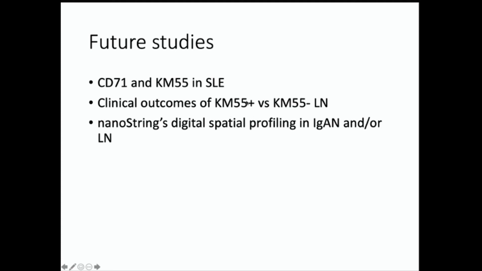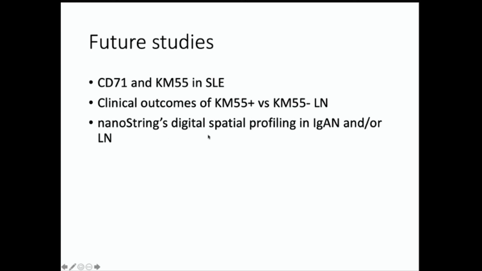Because if our detection is truly reflecting that these cases are dual GN, which means IgA nephropathy superimposed on lupus nephritis, versus purely lupus nephritis, their clinical outcomes might be different. So I think that's worth more investigation, in collaboration with the nephrologists.